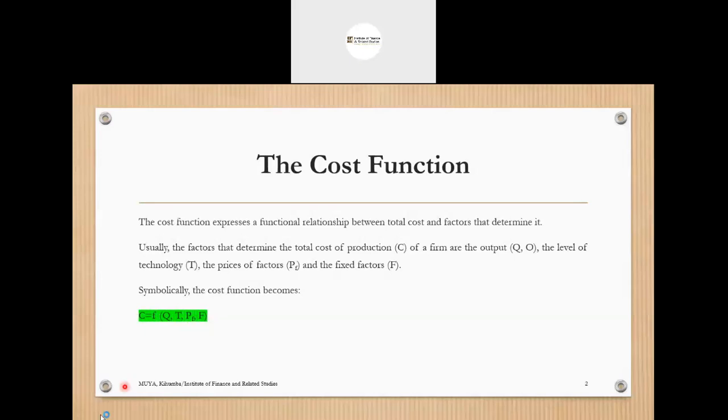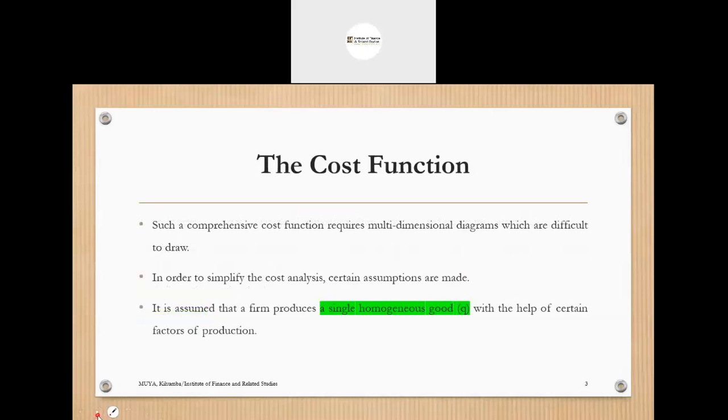In subsequent slides, we shall see that we distinguish costs either as fixed cost or variable cost. However, it is difficult to show the cost function graphically.